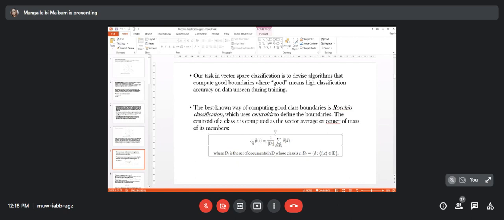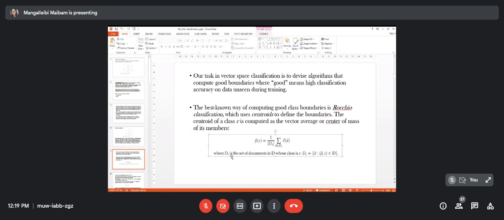So centroid, as I told you in Rocchio classification, we need to compute the centroid, which is the center of the document or the region. This centroid is calculated using this formula: mu for the class, 1 by |D_c|, summation over documents d belonging to the set D_c of vector v(d). For classification purposes, we need to find the centroid values.